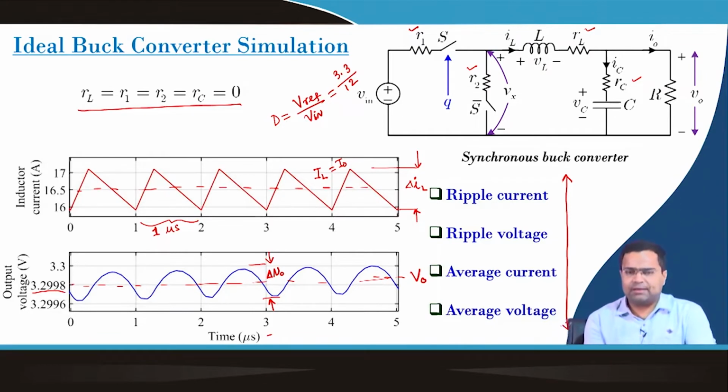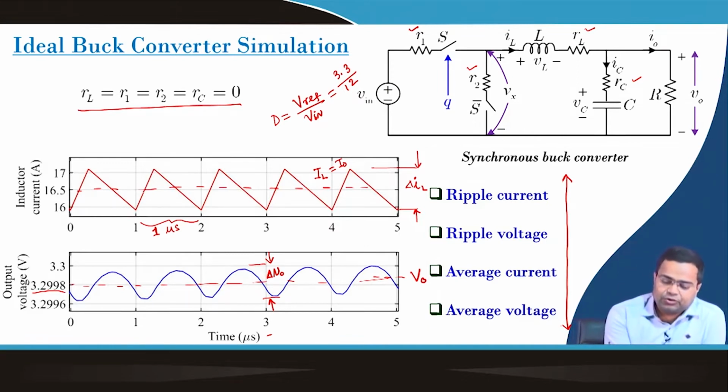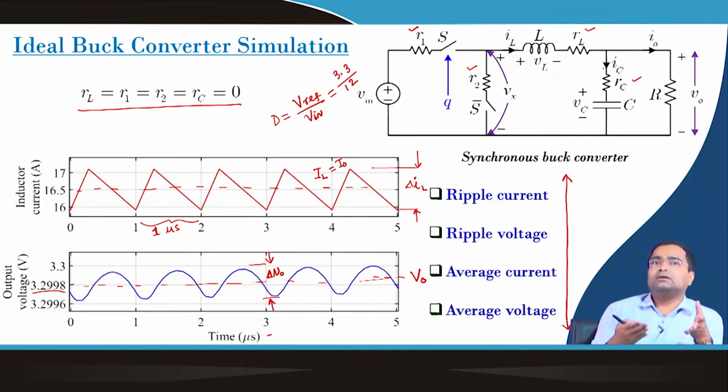So in this case we have seen that the waveform shows the inductor current looks like a triangular waveform, and the capacitor voltage profile is also consistent, because the capacitor current is the inductor current minus the load current.